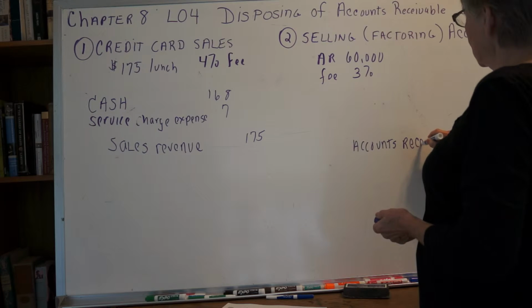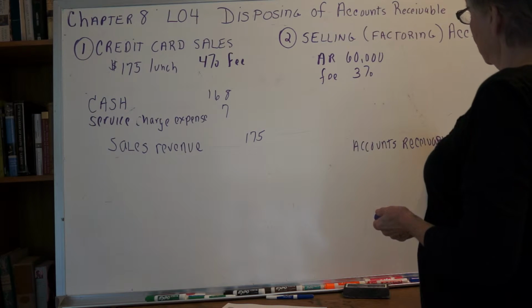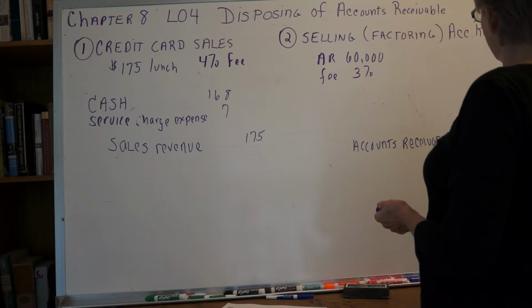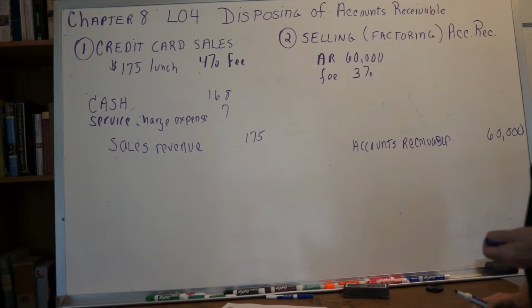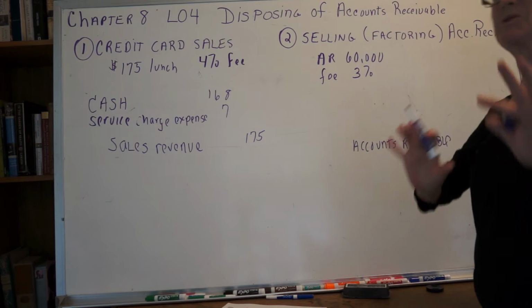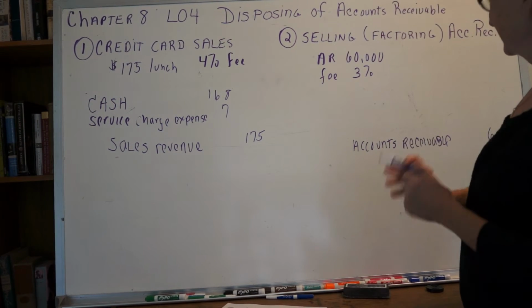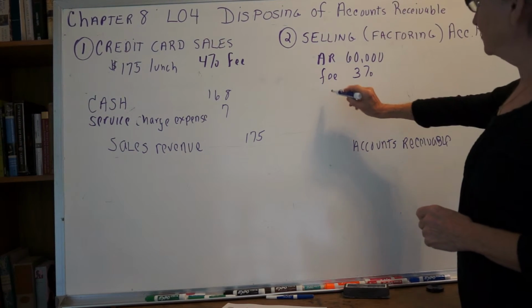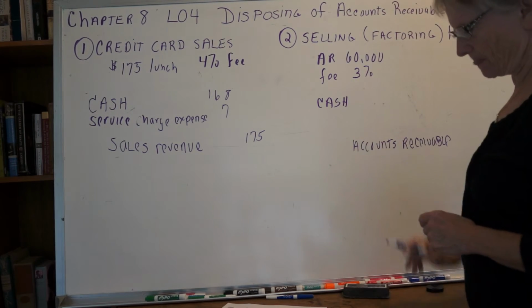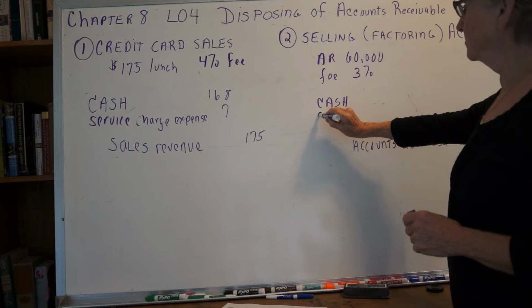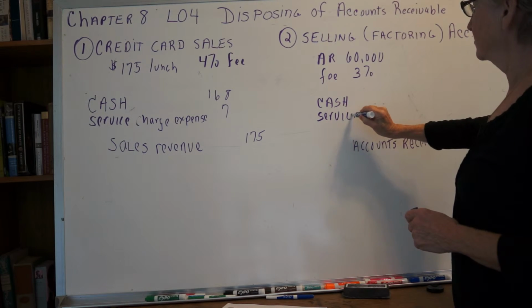So we're going to have accounts receivable coming off the books for the full $60,000 that we sold to the factor, okay? We are going to receive some cash, okay? And there's going to be a service charge fee.